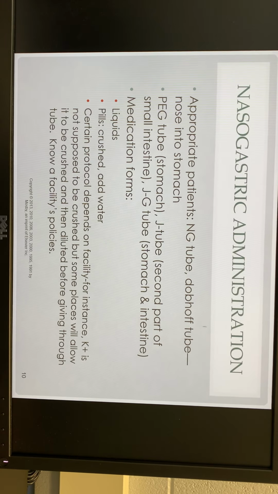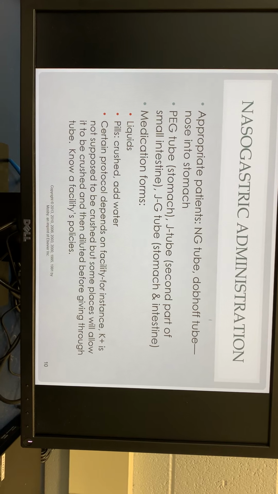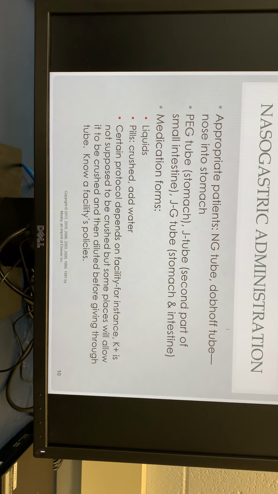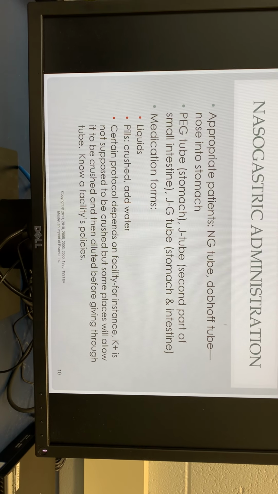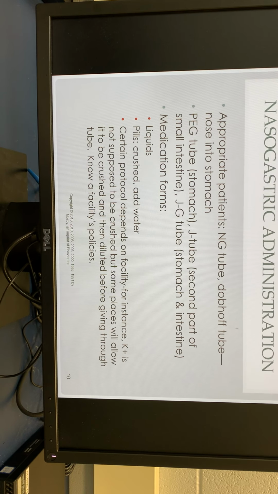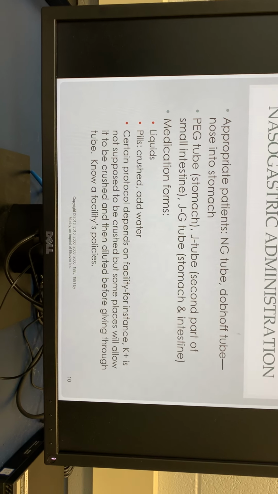When it comes to administering medication, you could have a big plastic NG tube or what's known as a Dobhoff tube, which is a little skinny flexible tube down the nose into the stomach. We've got PEG tubes, J tubes, JG tubes, all kinds.